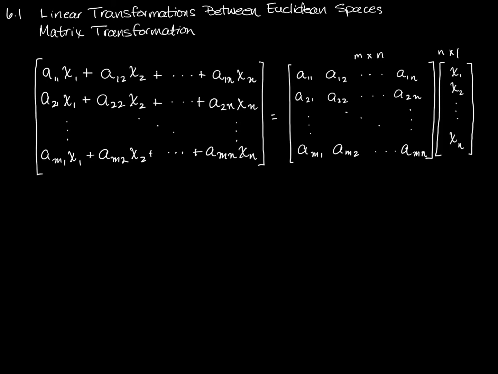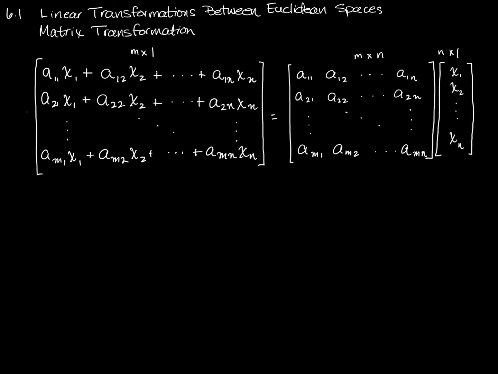Now I'd like you to remember that, although this is messy looking, what we were doing in the previous couple of videos was coming up with ways to write m by 1 matrices, right? This is an m by 1 matrix, by doing a transformation on another matrix.